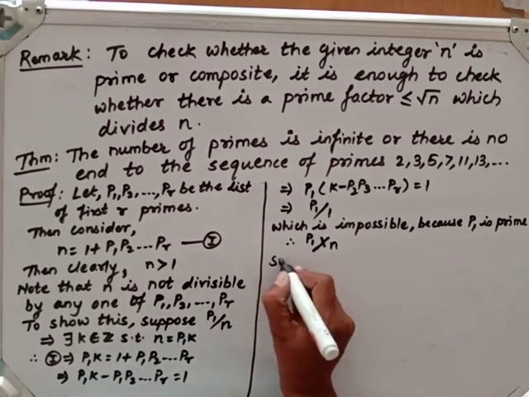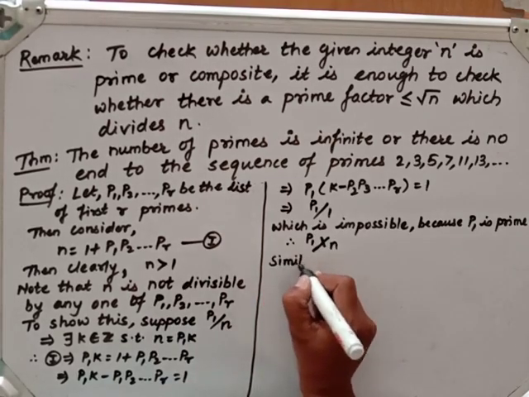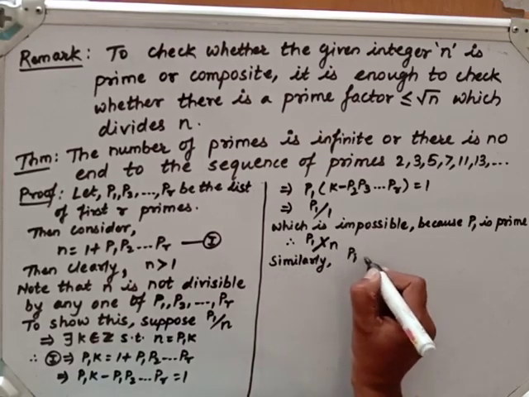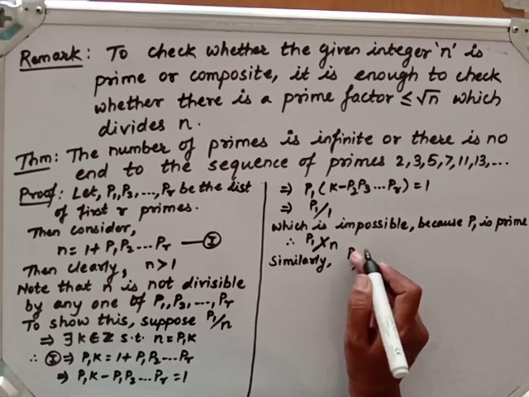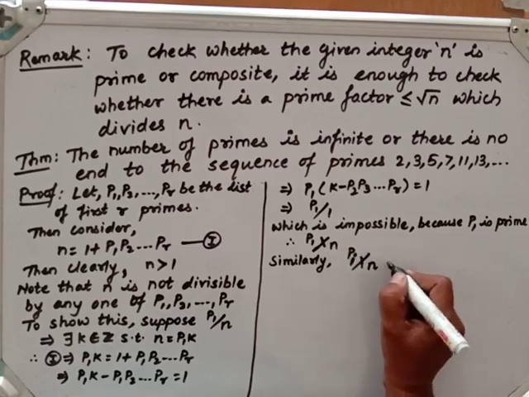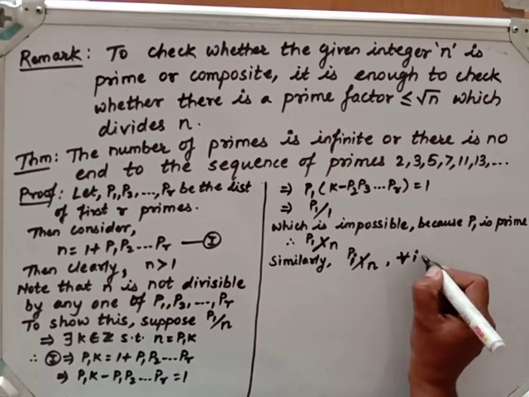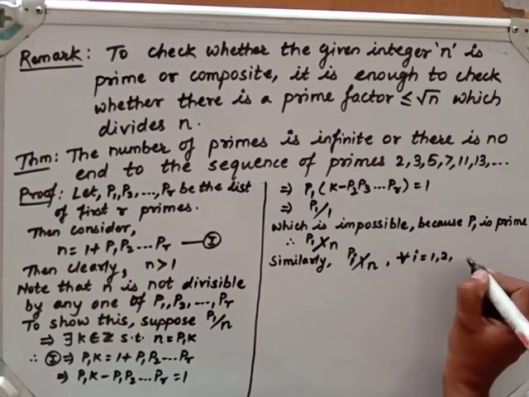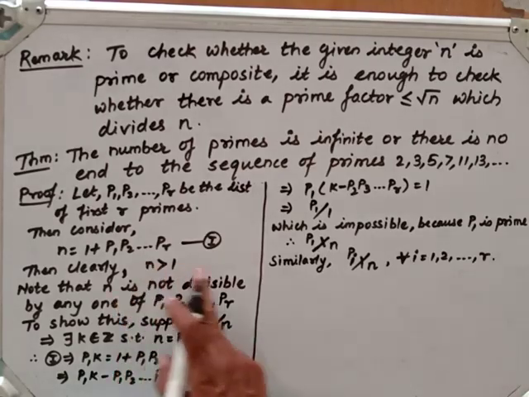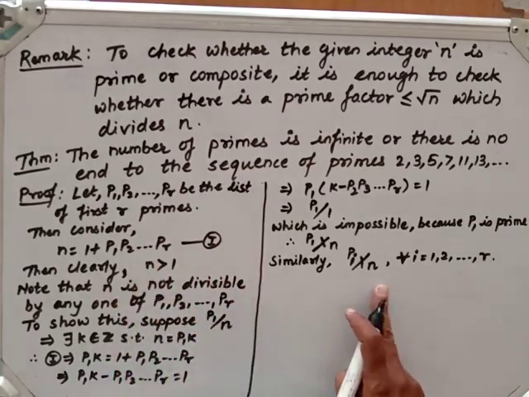Similarly, Pi doesn't divide n for all i from 1, 2, so on up to r. Now, each Pi doesn't divide n.